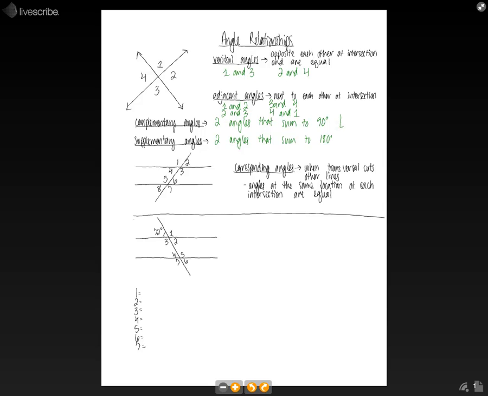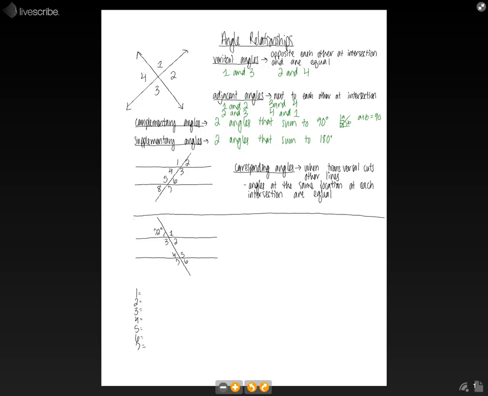So 90 degrees would be like if we have a right angle and we have a line that bisects it. So we have angle A here, and then we have angle B here. A plus B is equal to 90 degrees.